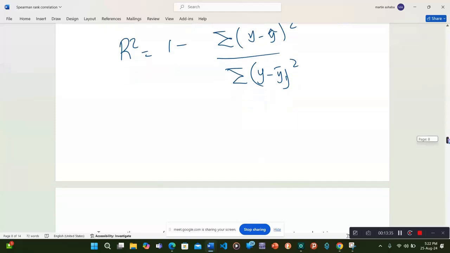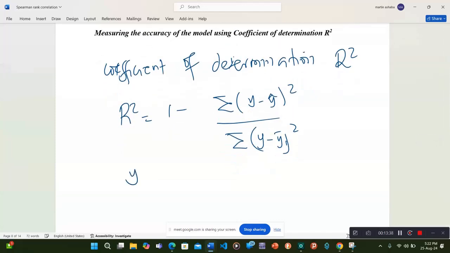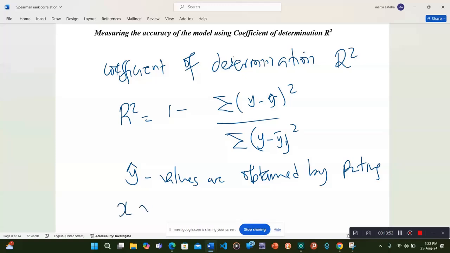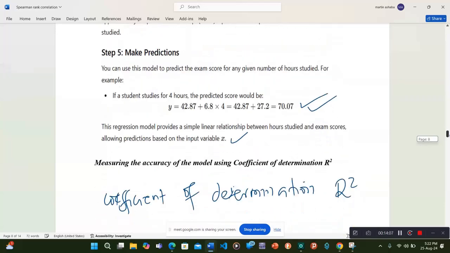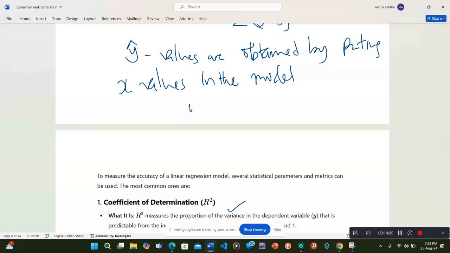The predicted values are obtained by putting x values in the model. Here we have y equal to 42.87 plus 6.8x.